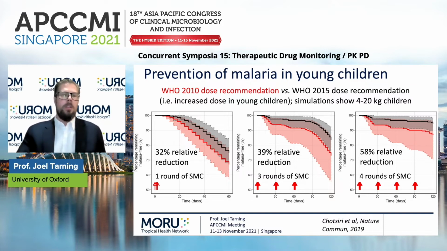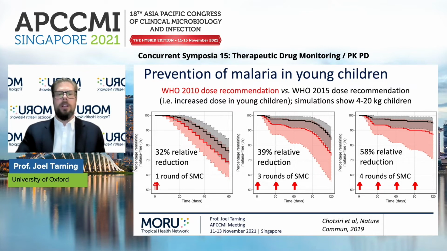of malaria. In the first case here, we simulated just one round of SMC, given here, a 3-day treatment. And the difference between the red and the black line here is the difference between the 2010 and 2015 dosing recommendation. And it was a 32% relative reduction of malaria between these two.